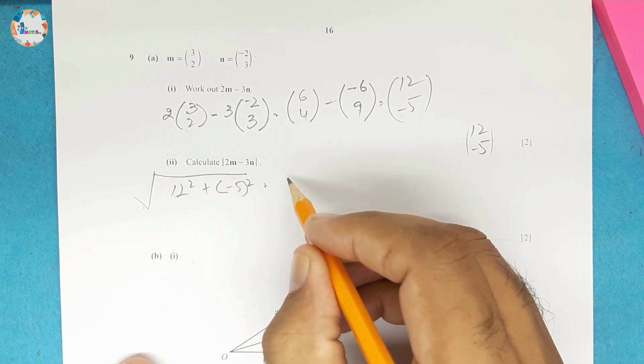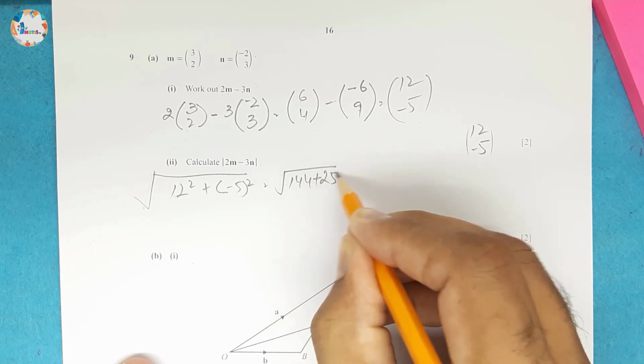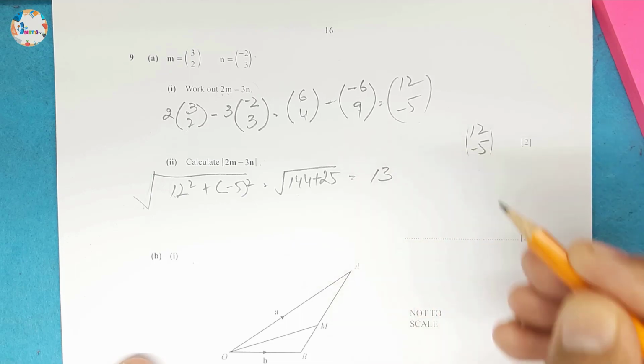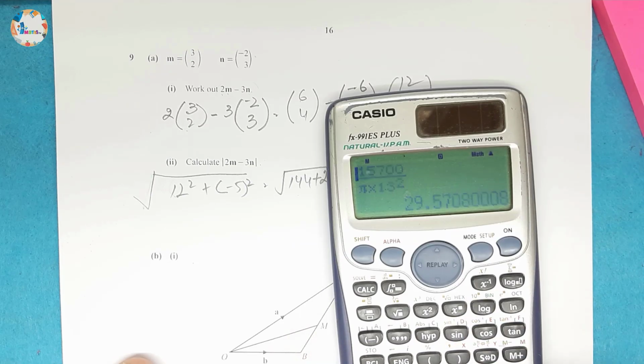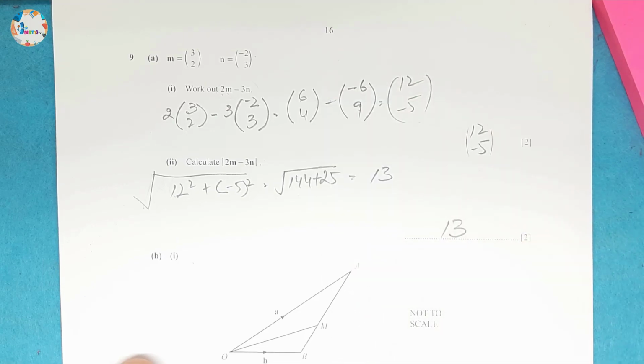This will be 144 plus 25, which is equal to 169, and this will be equal to 13, because the root of 169 is 13. So our answer will be 13 for this part.